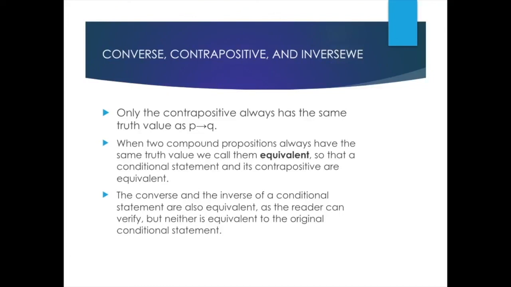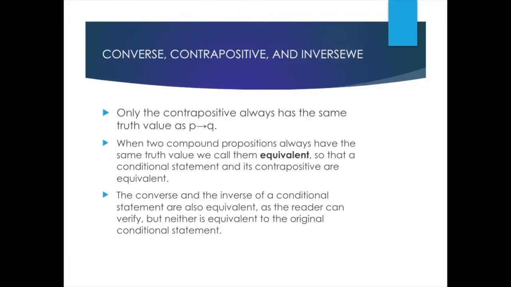When two compound propositions always have the same truth value, we call them equivalent. And we will study equivalence later on, and we will give you more examples about them. The converse and the inverse of a conditional statement are also equivalent. Now this is a little bit confusing, and we need to make a truth table for that in order to understand what we mean exactly by saying the converse and the inverse are both equivalent in their truth table values.